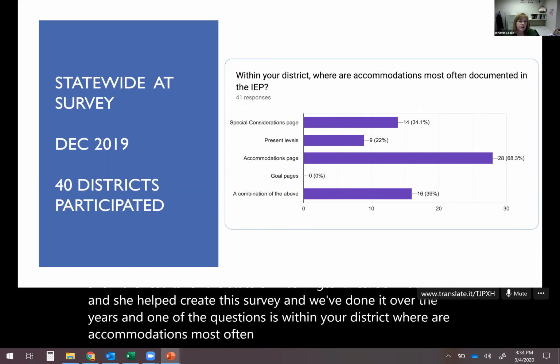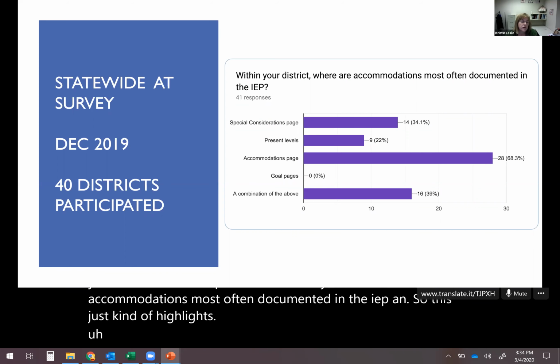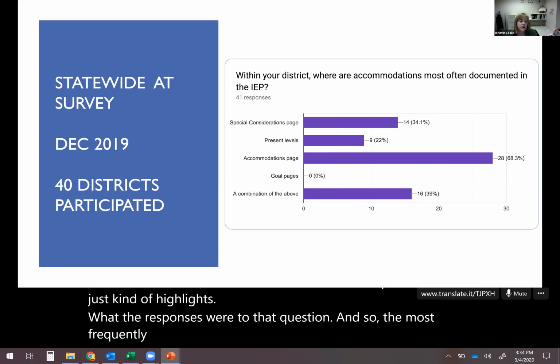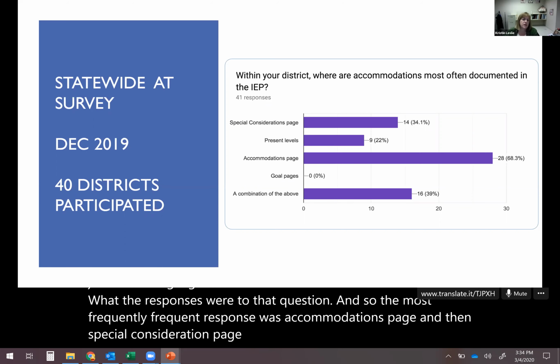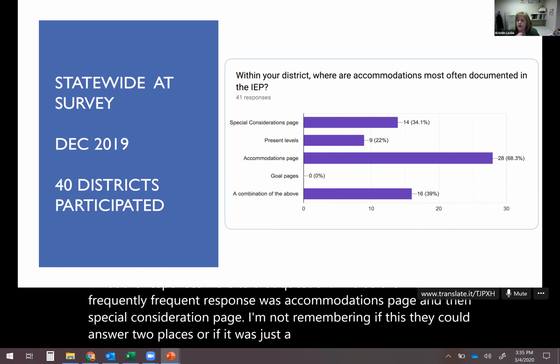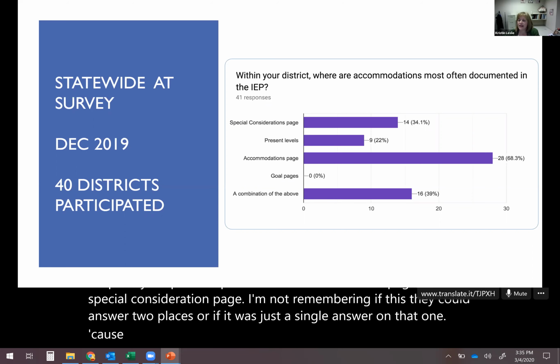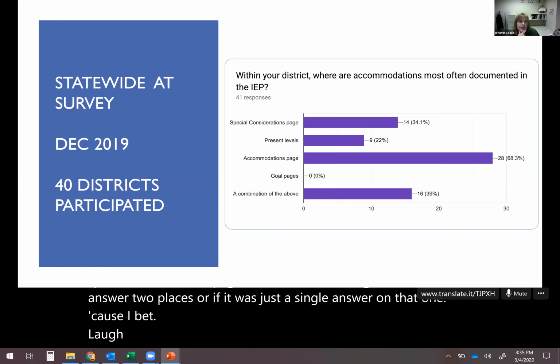And so this just kind of highlights what the responses were to that question. And so the most frequent response was accommodations page, and then special consideration page. I'm not remembering if they could answer 2 places or if it was just a single answer on that one. Because I bet, as Linda mentioned in the chat, many of us may document in several places.